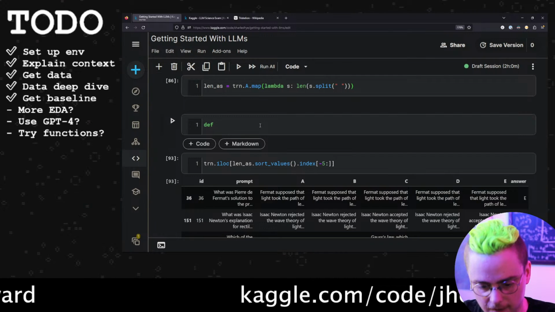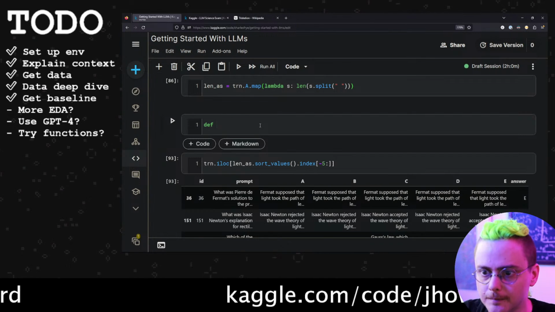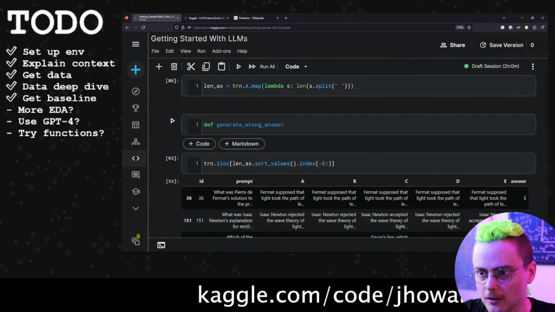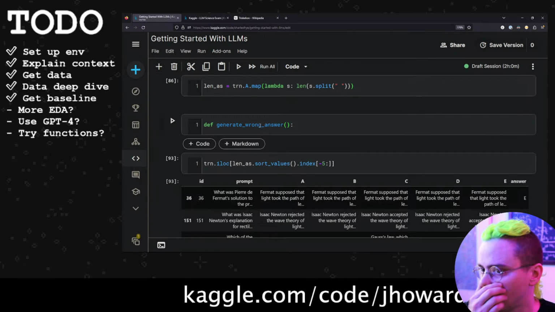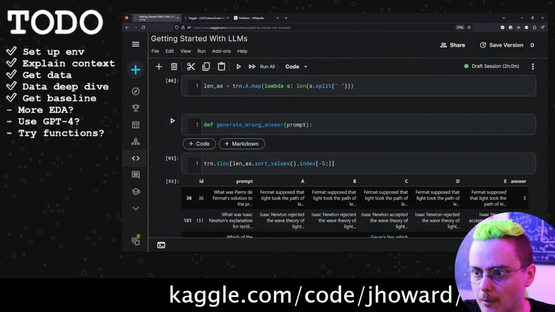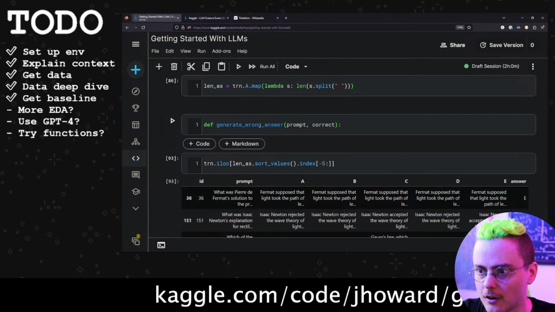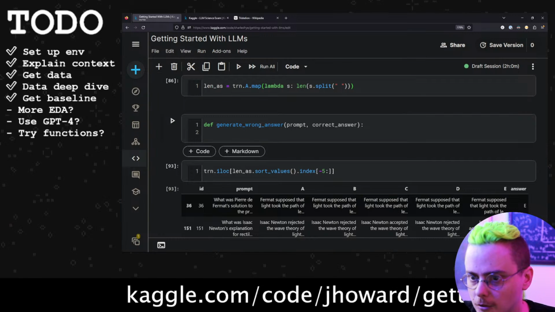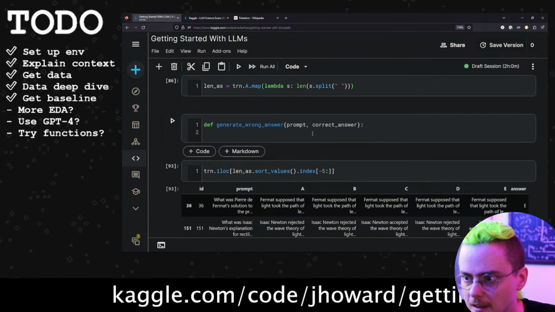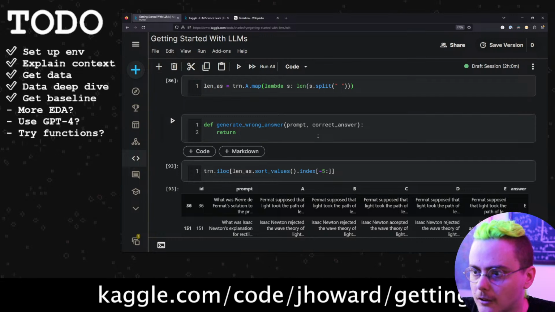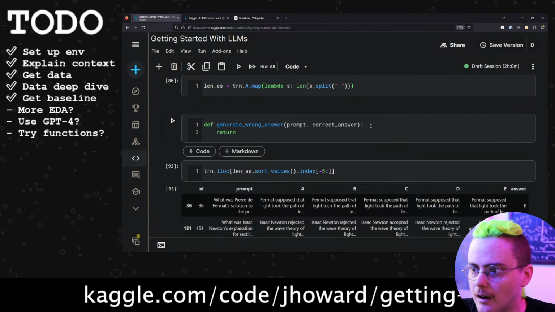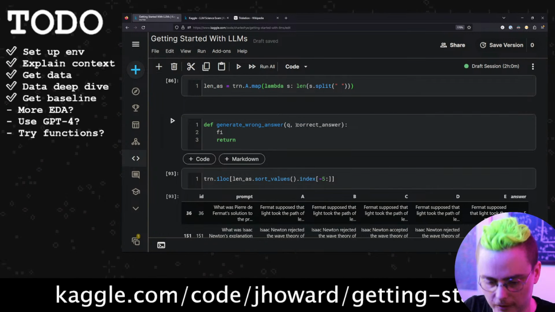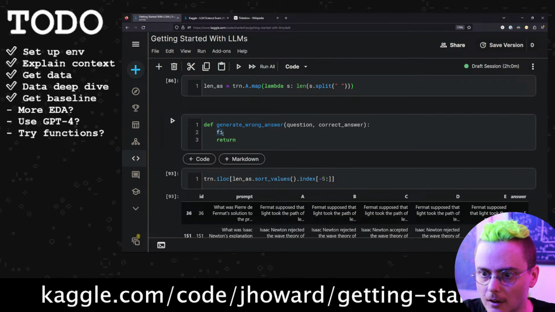So let's say, generate wrong answer given a prompt and a correct answer. This is closer to the way that the thing was actually run. So we'll say that this is a question rather than calling it a prompt.